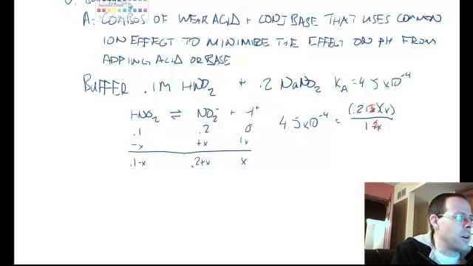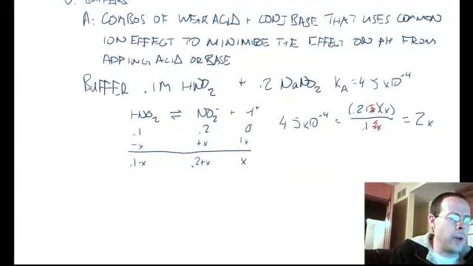So really, our equation is simply going to equal 0.2 divided by 0.1 is 2, equals 2x. So that x equals half of 4.5 times 10 to the negative fourth, or 2.25 times 10 to the negative fourth, or our pH, if we take the negative log of this, our pH for this solution is 3.65.